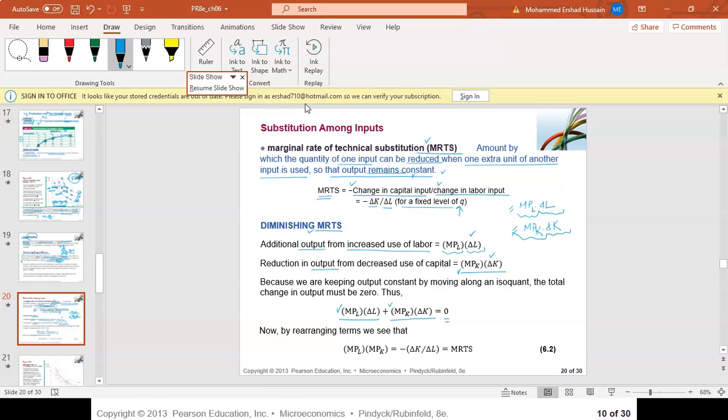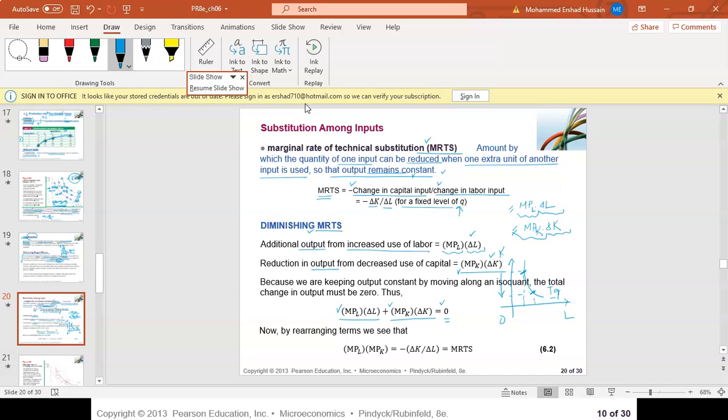Along the same isoquant, output remains the same. So this is labor and capital, and this is the isoquant. When moving from this point to this point, what are we using?